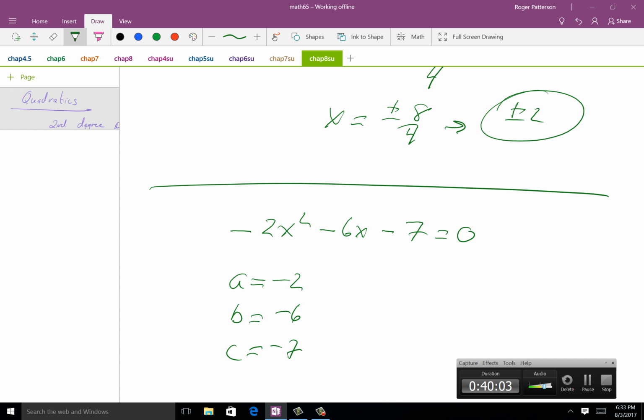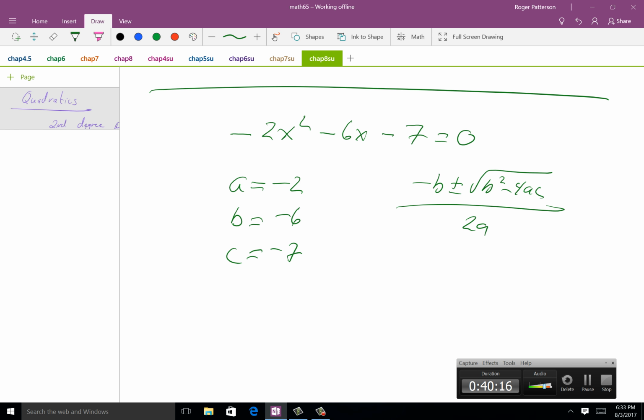So we have A, B, C, quadratic formula. We've already used it enough, you probably know what it is. What's B in this case, so what do I write? 6. Plus or minus. Okay, what's going to be inside the square root? So b squared is going to be how much? 36 minus 4 times negative 2 times negative 7.